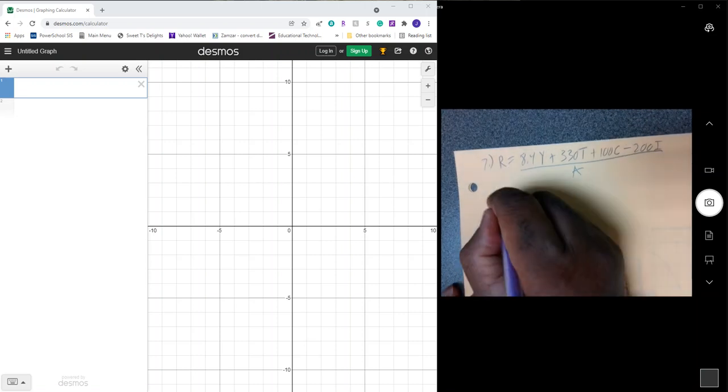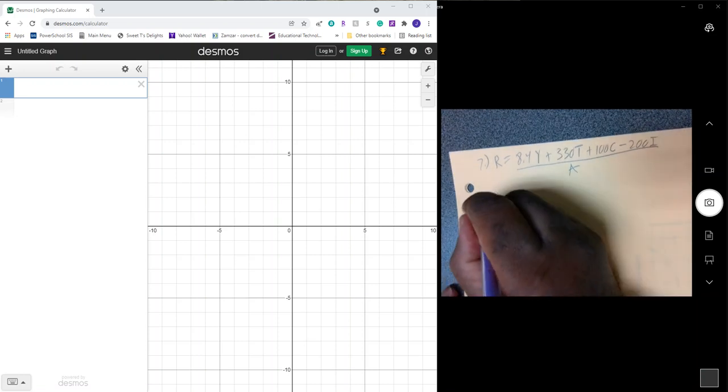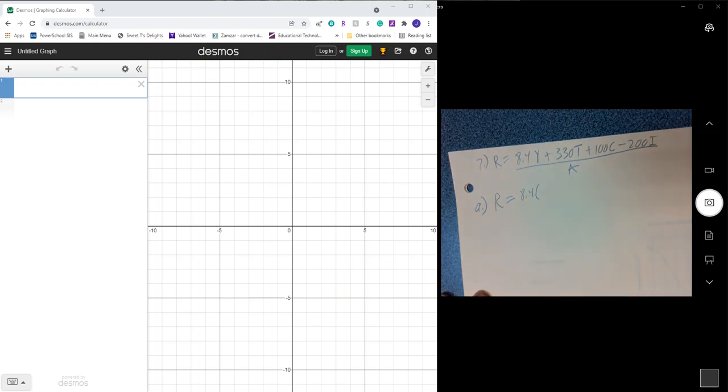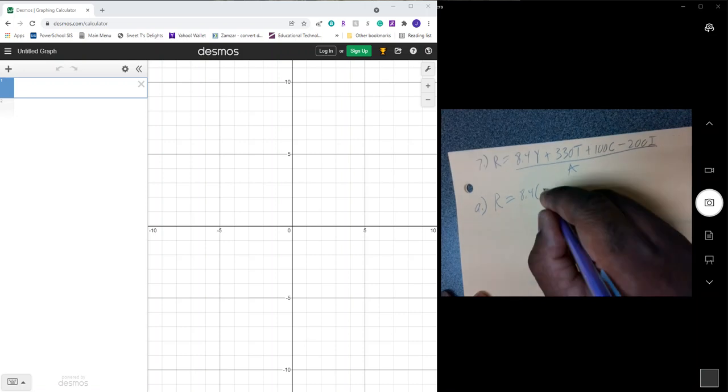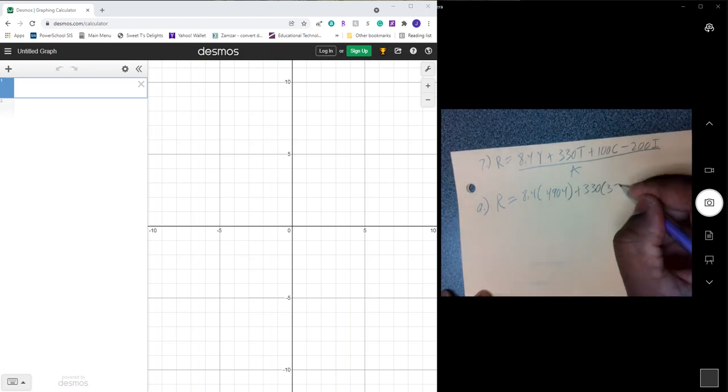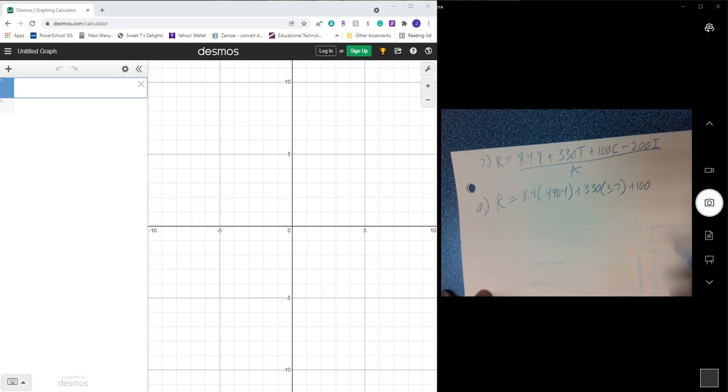Okay. So we have R is equal to 8.4 times 4,904, that was the yardage, plus 330 times 37, that's the number of touchdown passes, plus 100 times 318, that's how many passes were completed, minus 200 times 9, that is the number of interceptions, all divided by 489, which is the passes attempted.